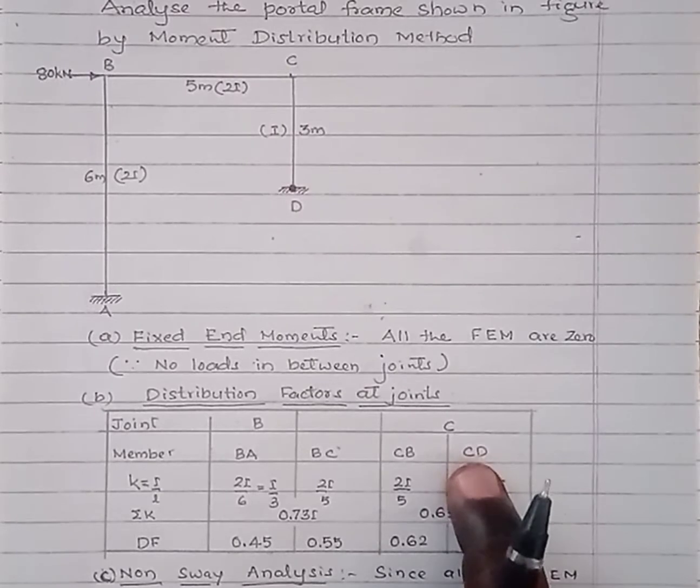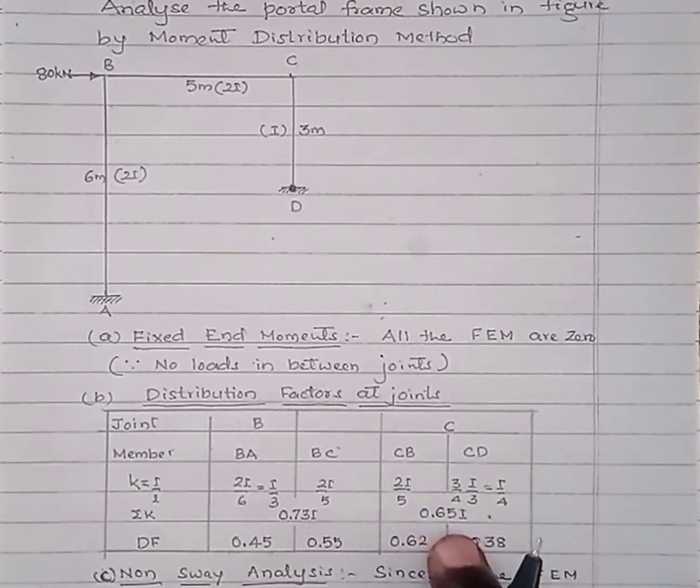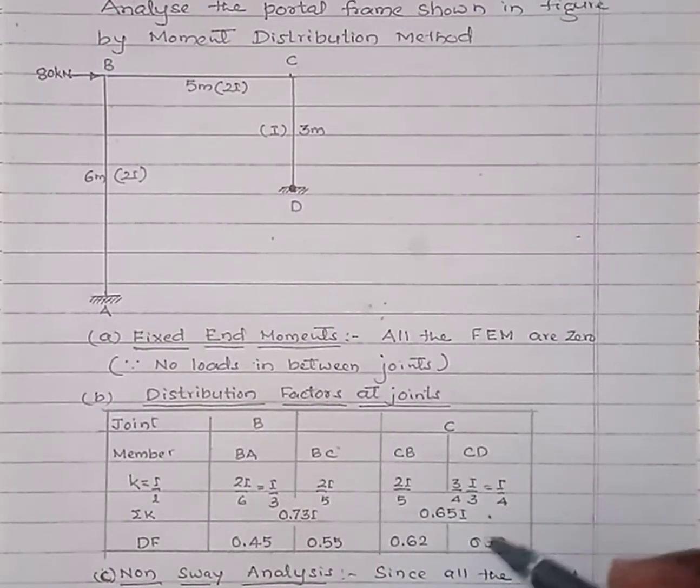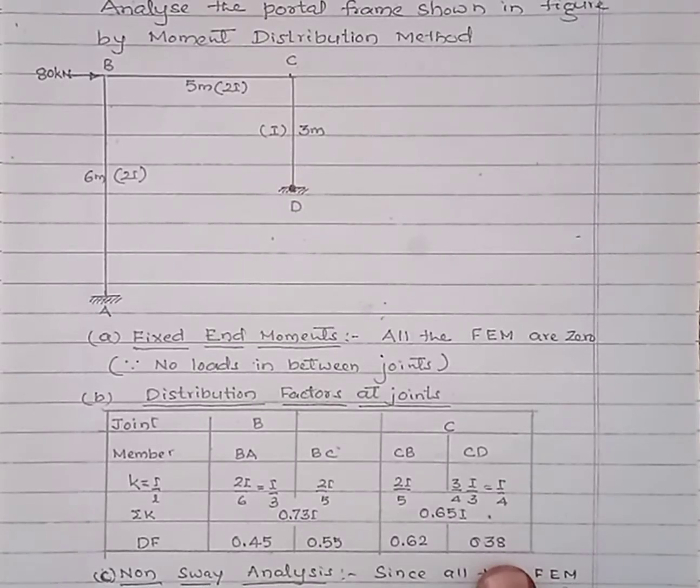Similarly, at joint C, we have already calculated the relative stiffness values. The summation K equals 0.65I. KCB divided by summation K, the distribution factor for CB, is 0.62, and the distribution factor for CD is KCD divided by summation K, which equals 0.38.